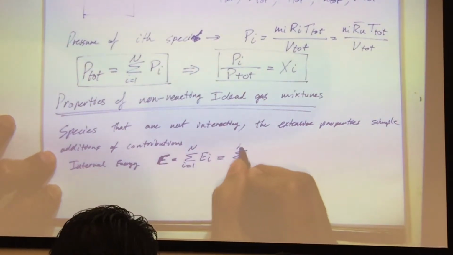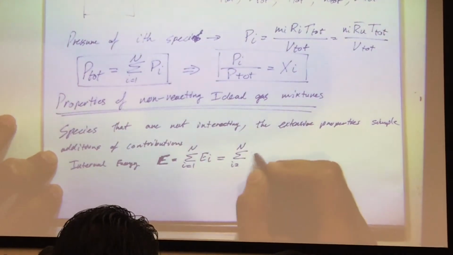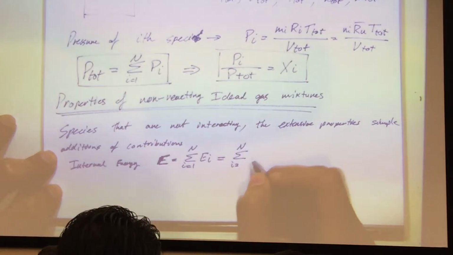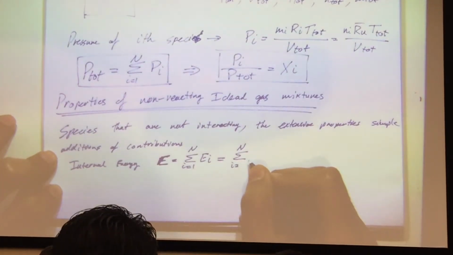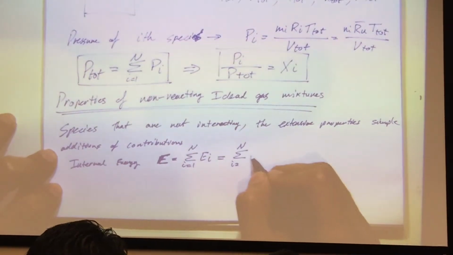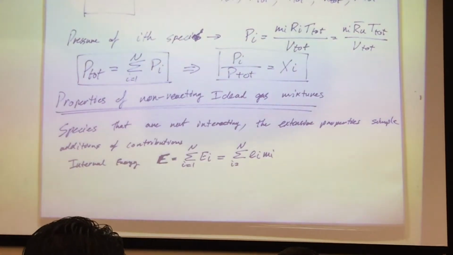So the sum is going to equal, this is total internal energy in terms of my mass, multiplied by the lowercase internal energy, so mass multiplied by the lowercase internal energy.